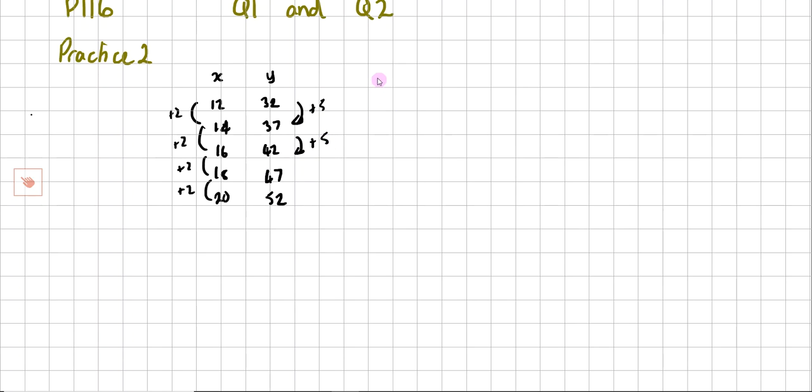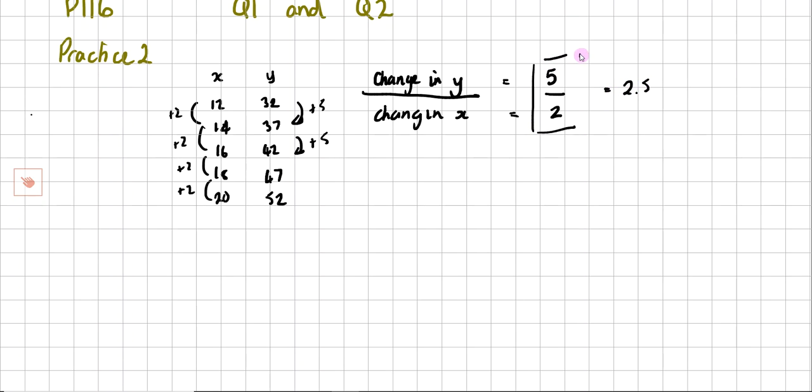Our change in y we could write is 5, and our change in x is 2. All right? So my slope is 5 over 2, which I can leave as that. That is 2.5, but actually this is a nicer way to leave it. So that's A.